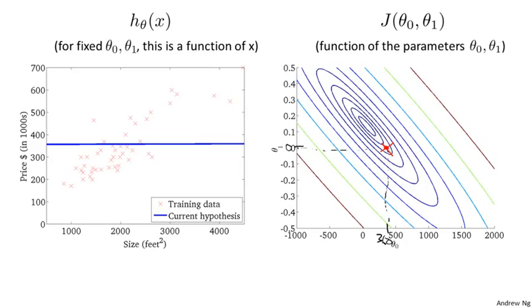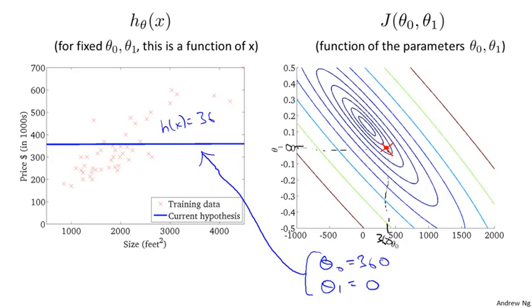So let's write that out: theta 0 equals 360, theta 1 equals 0. And this pair of parameters corresponds to that hypothesis, a flat line. This is h of x equals 360 plus 0 times x. So that's my hypothesis. And this hypothesis, again, has some cost, and that cost is plotted as the height of the J function at that point.